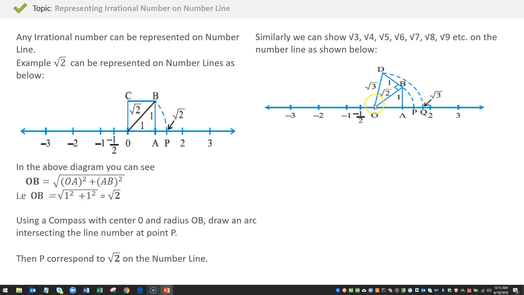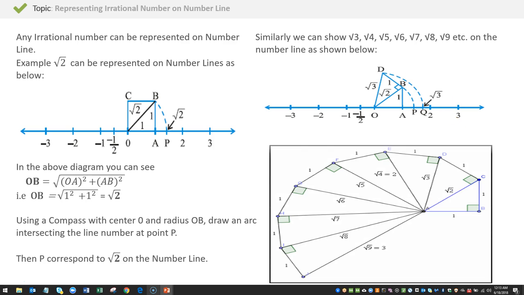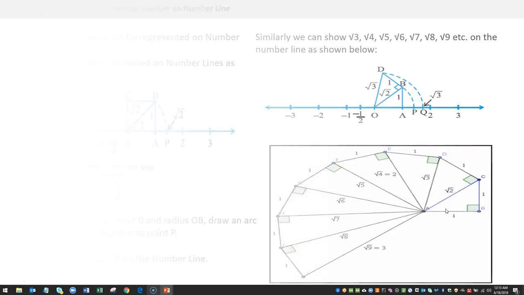And similarly, if you have to find square root of 4, 5, 6, 7, you keep extending perpendicular lines and see where they intersect the real number line. And here are the examples. So you can go up to whatever number you want and keep following the similar pattern.